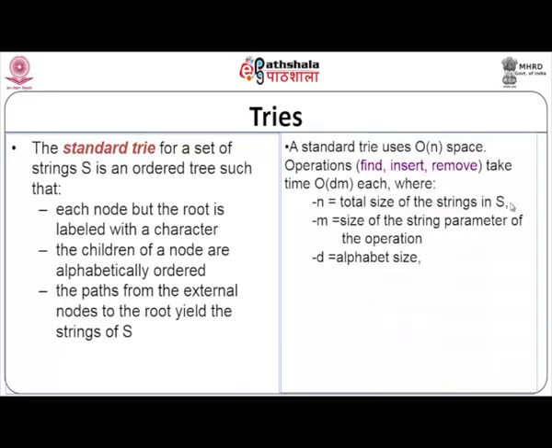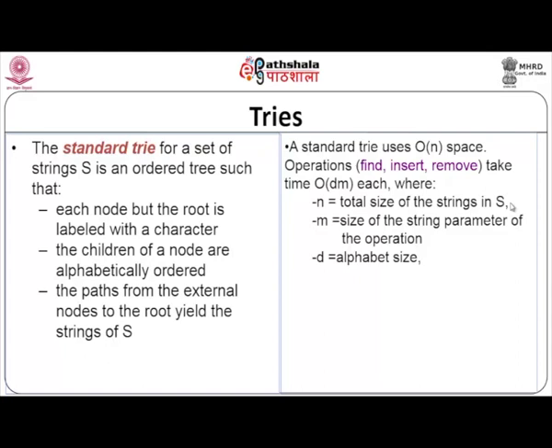So, now we are talking about the space requirement. A standard trie uses approximately order n space, where n is the total size of the strings in S, and operations like find, insert and remove, the typical operations on any data structure, will take of the order of d times m time.